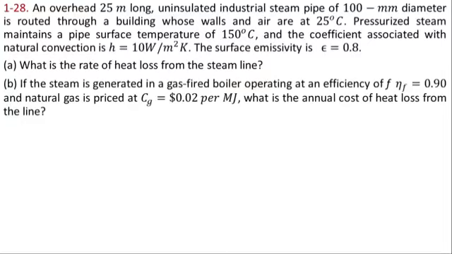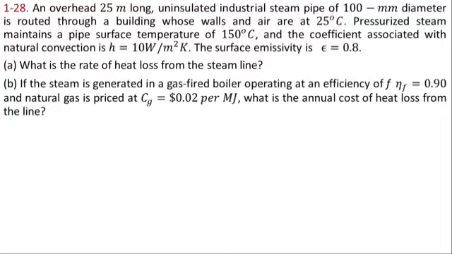Now we are moving towards another problem, which is problem 1.28 of Incropera and DeWitt. An overhead 25-meter long uninsulated industrial steam pipe of 100 millimeter diameter is routed through a building whose walls and air are at 25 degrees centigrade.